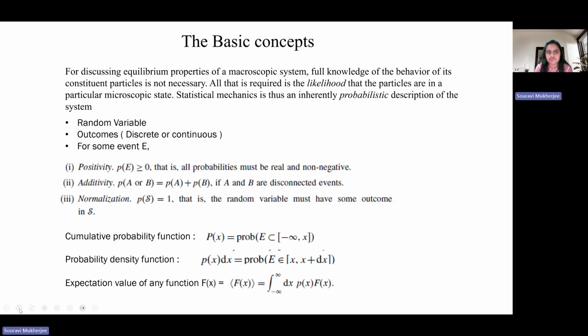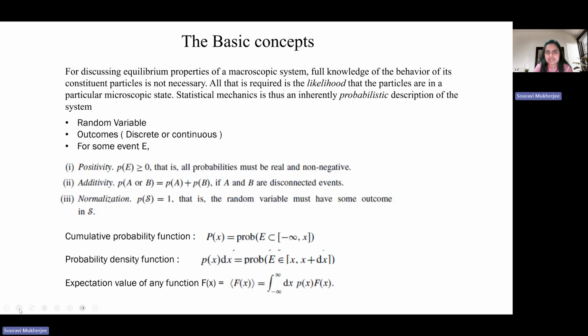That probabilistic description is what matters. If you choose a macrostate, what is the probability of there being different microstates corresponding to that one macrostate? So it's inherently probabilistic.